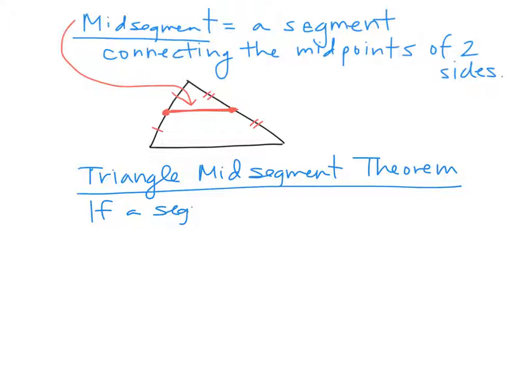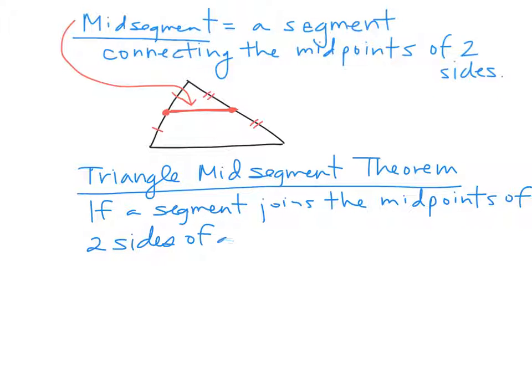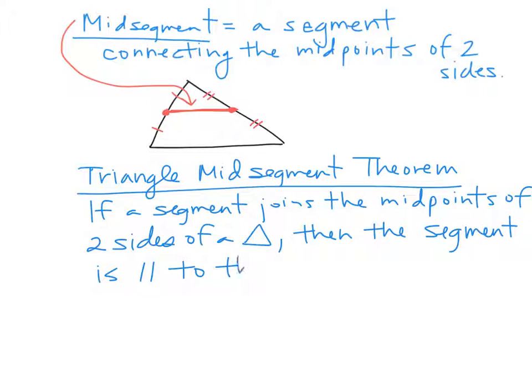If a segment joins the midpoints of two sides of a triangle, essentially if you have a midsegment, then the segment is parallel to the third side and half its length. A little wordy, I know.